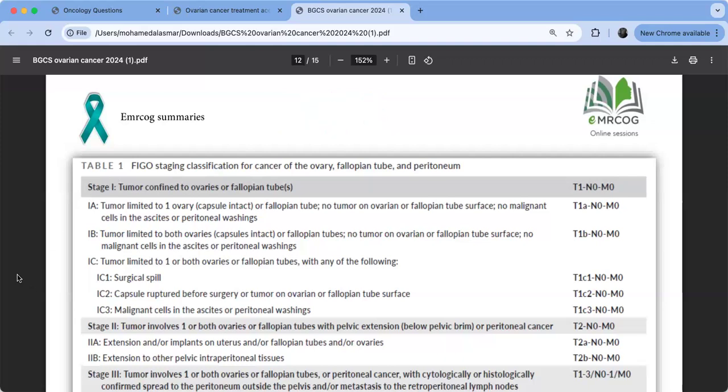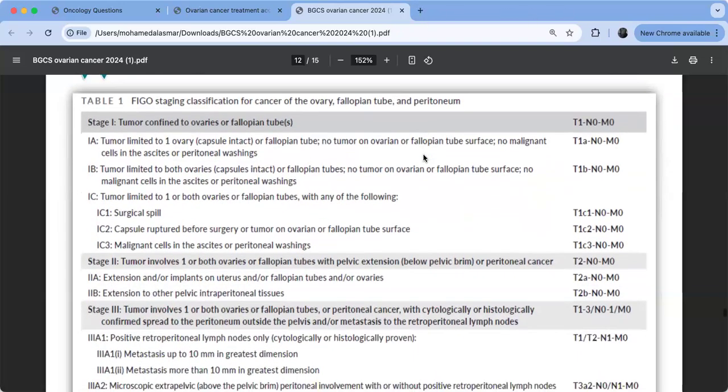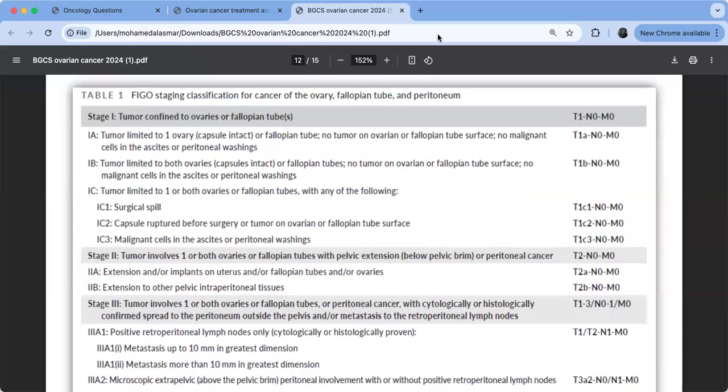Very easy, believe me. Okay, let's have a look at the staging of ovarian cancer, quickly, the staging and the treatment by stage. So my friends, here for the FIGO staging, stage 1 is where the tumor is confined to the ovaries or fallopian tube.